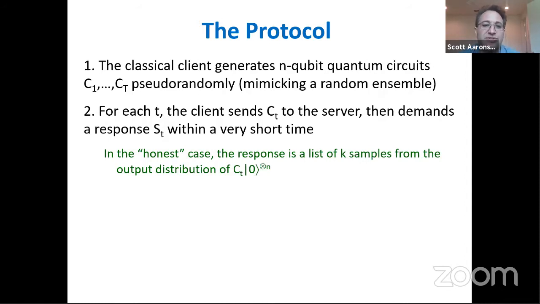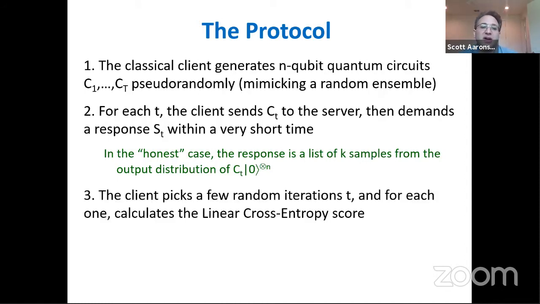Then next, the client, using its tiny seed randomness, picks a few random iterations, and for each of those iterations, it invests the brute force to calculate the linear cross entropy score for those iterations and make sure that it gets a score that's bounded above 1, like a signature of quantum behavior.